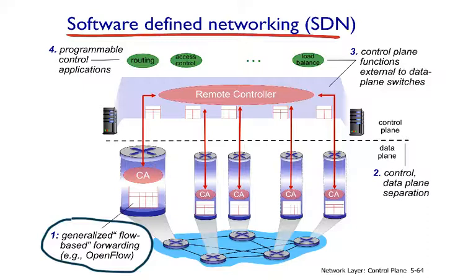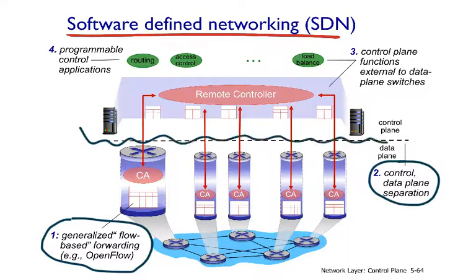The second point, as you may know, is the separation between the control plane and the data plane. We all know this separation in SDN. The data plane consists of different devices, simpler and faster compared with traditional routers, and the control logic is in charge of the centralized controller.